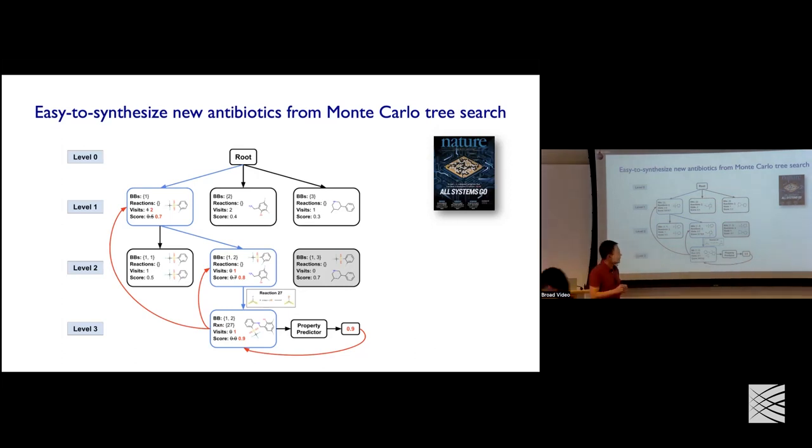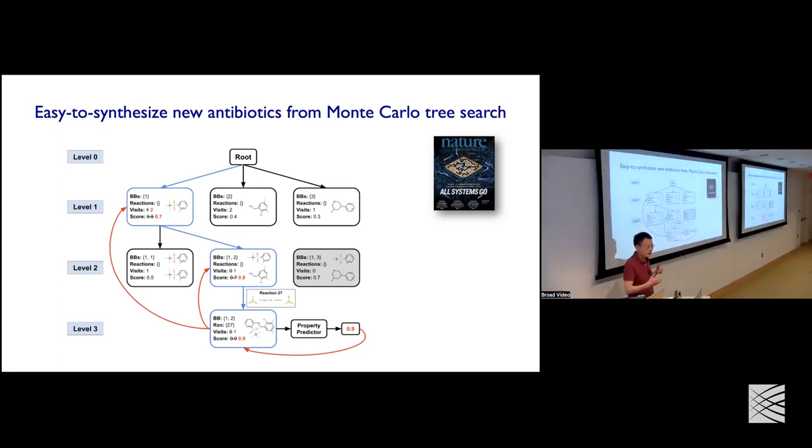As you go down this tree, each path from the root to a leaf corresponds to a recipe. It tells you a step-by-step procedure of starting with fragment 1, adding fragment 2, and applying reaction 27 to get an outcome. That's very convenient, because each path corresponds to a valid recipe for generating new molecules.